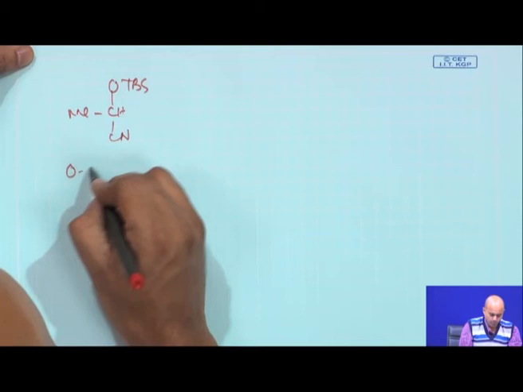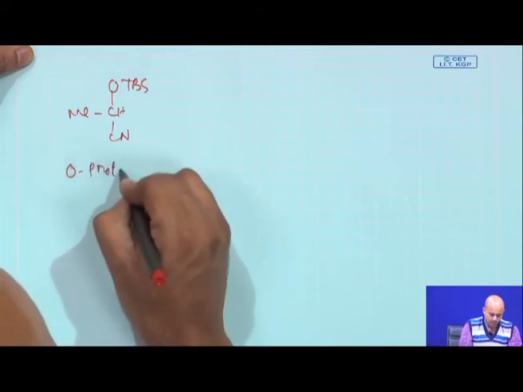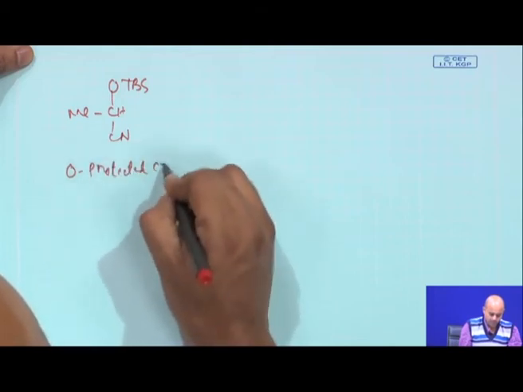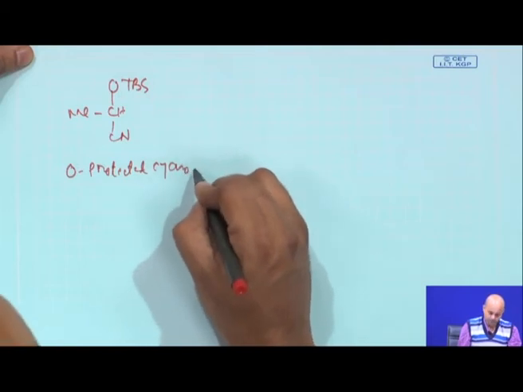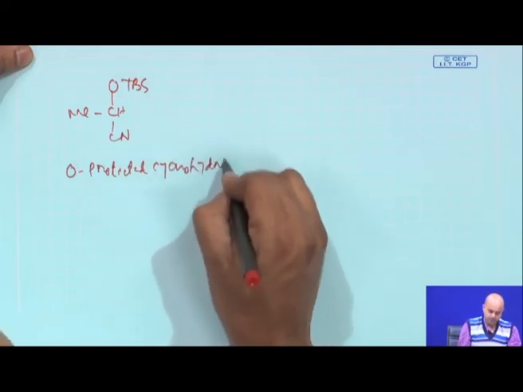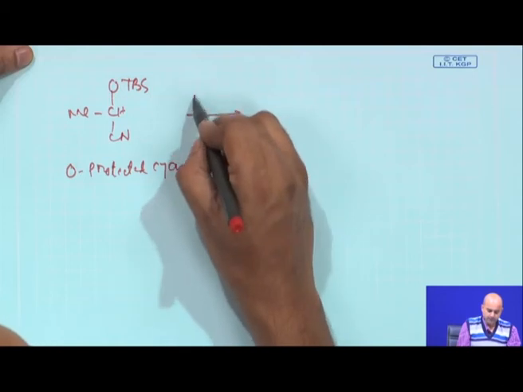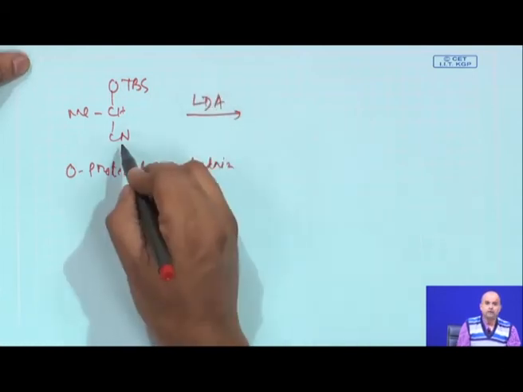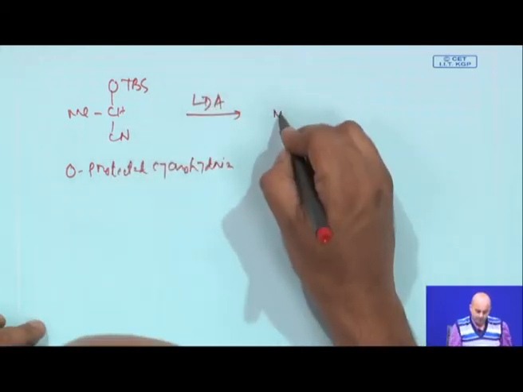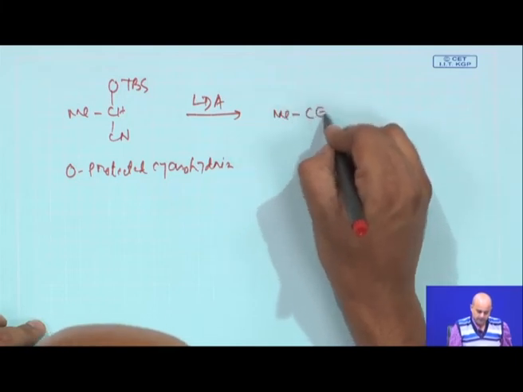It is called O-protected cyanohydrin. Now, this compound if you treat with a base, cyanide is an electron withdrawing group, you basically get a minus here.